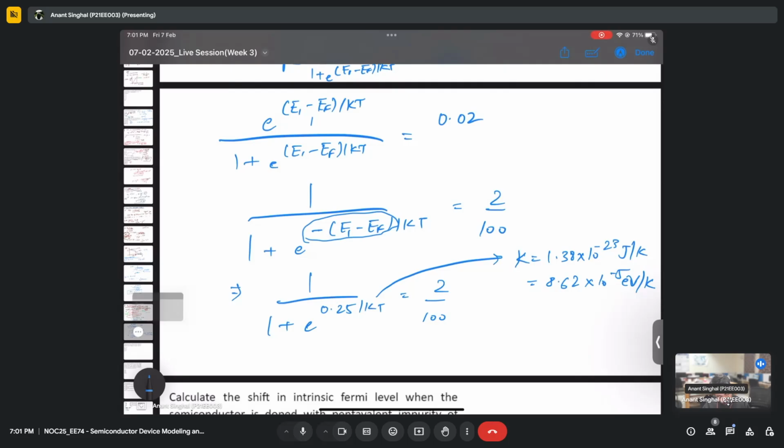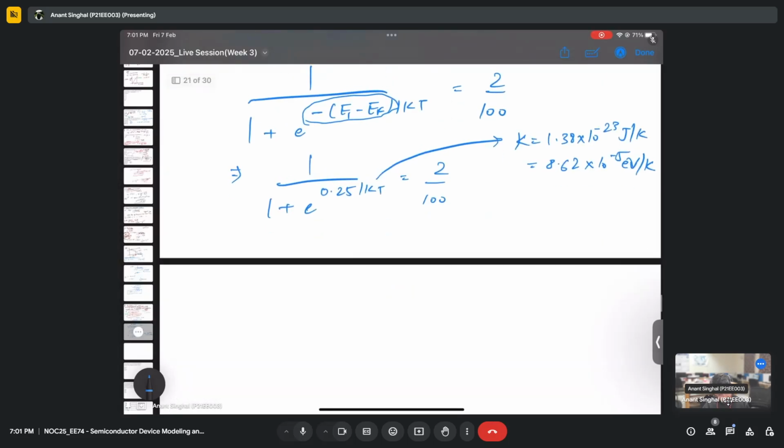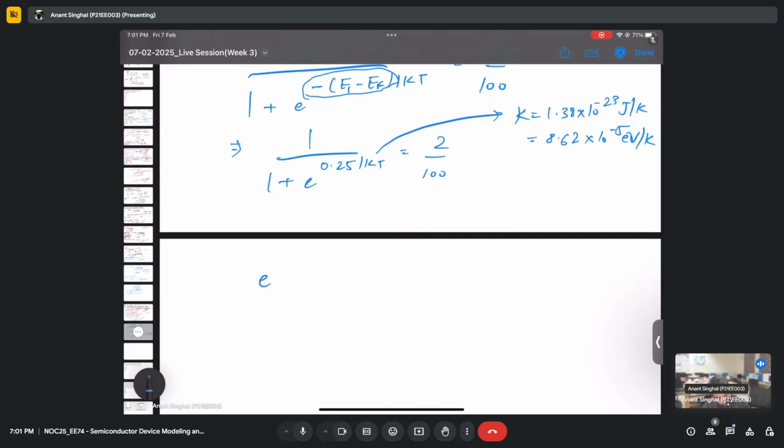So we have all the values. We just need to find T. So let me do it. The exponential of 0.25 over KT goes here: 2 times of this, 50 minus 1, so this will be 49.